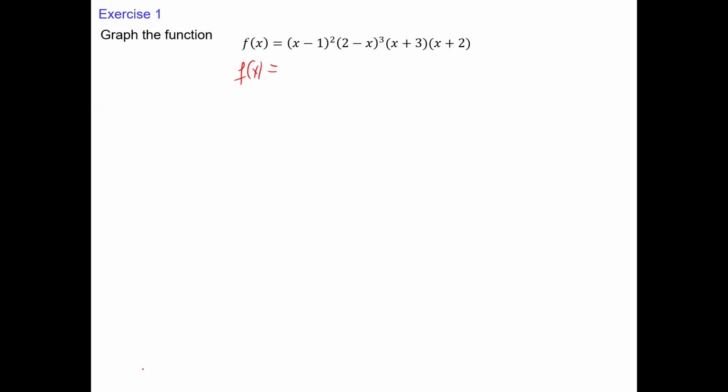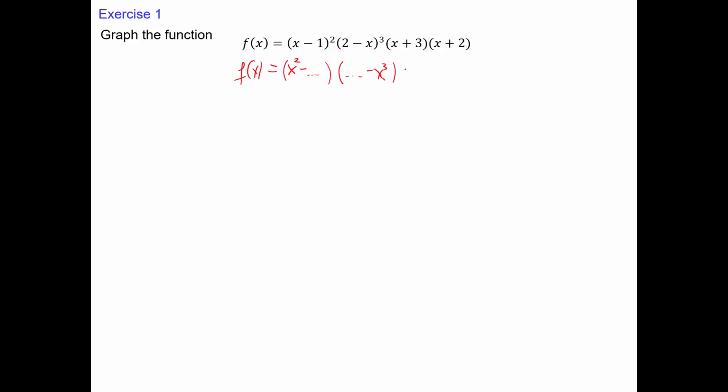Let's see, what is the degree? We have x minus 1 to the power of 2. That means this will be x squared if we multiply the other terms. I don't have to expand them. This one will be negative x cubed, correct?